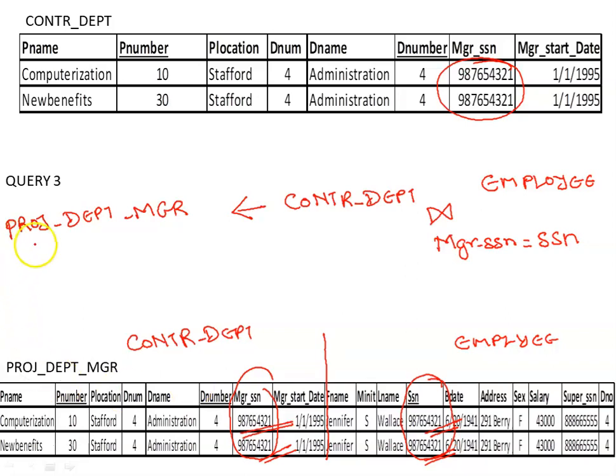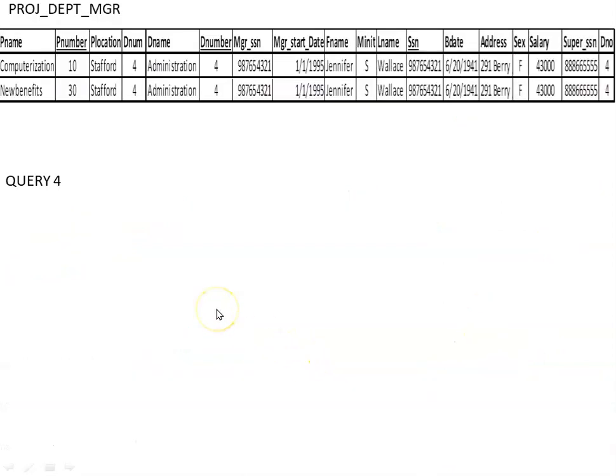Now the final step is to pick up the required information. So now I'll be working on this particular table, that is project department manager, and pick out the project number, the department number, the last name of the manager, address of the manager, and the birth date of the manager. That's it. So my final query is on the project department manager relation.